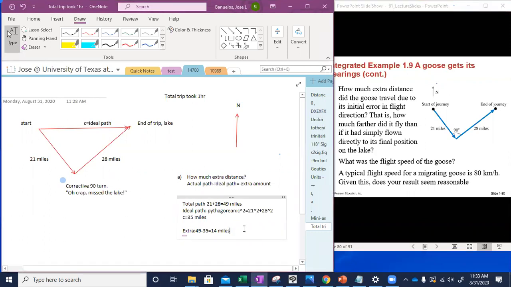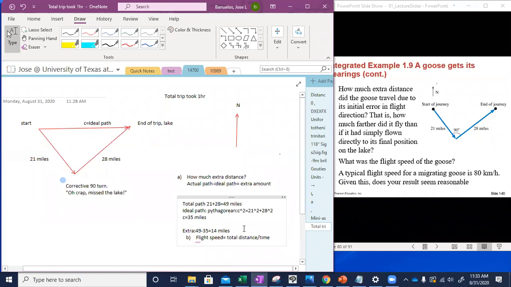Are there any questions about that, by the way? Okay. The next part is, what's the flight speed? Flight speed is just going to be the total distance over time. In this case, we know the time.